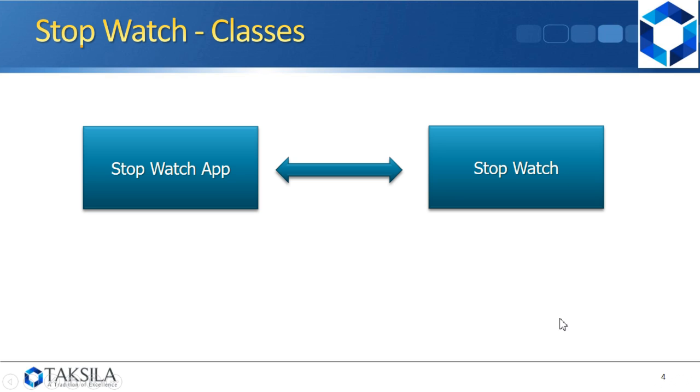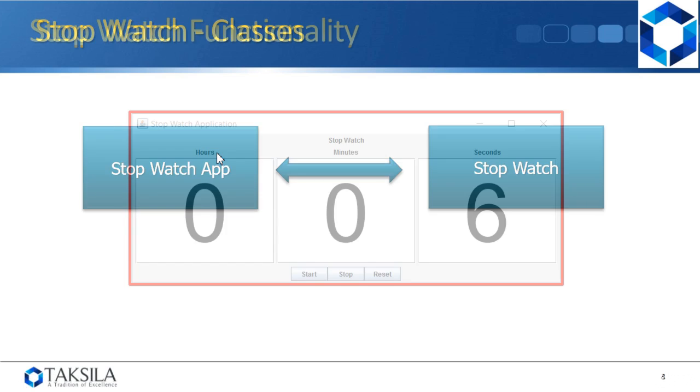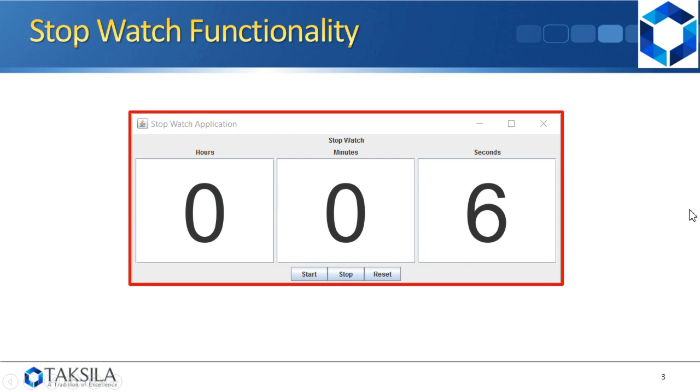Then the stopwatch class is mainly responsible for incrementing the time. So you have seen the stopwatch, the GUI shows everything else. So this entire rendering, what happens when we click, all those things are maintained by the stopwatch application class.